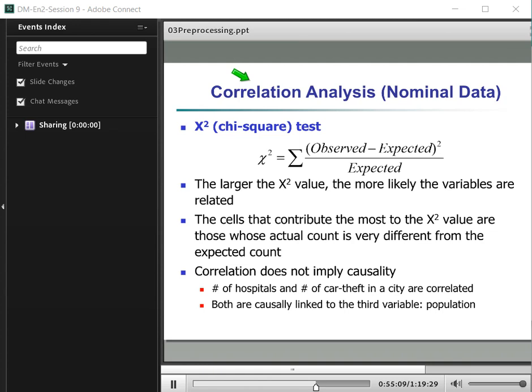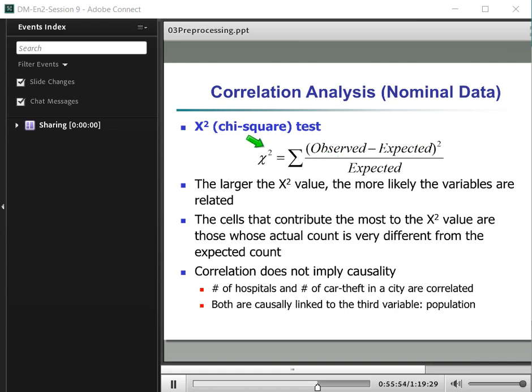There are different ways, but the two primary ways for this are correlation analysis and covariance analysis. Correlation analysis can be applied for nominal or numerical data, in a similar manner for both types. The first correlation analysis method is the chi-square test.